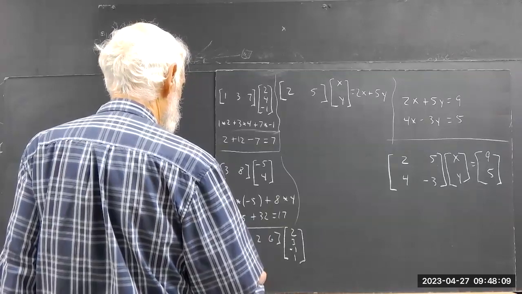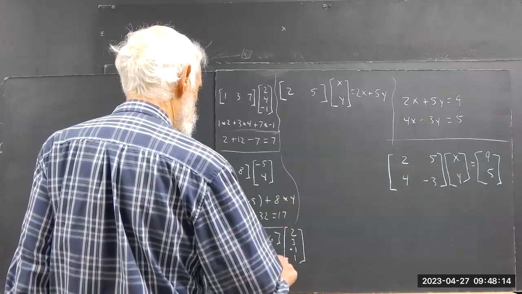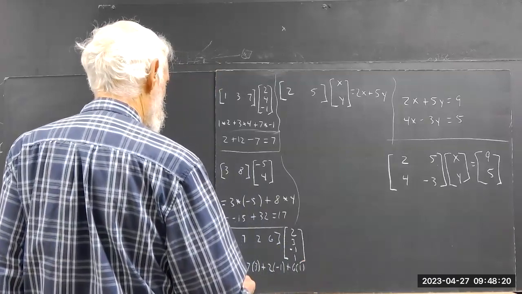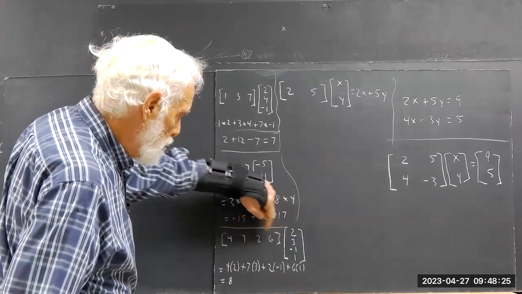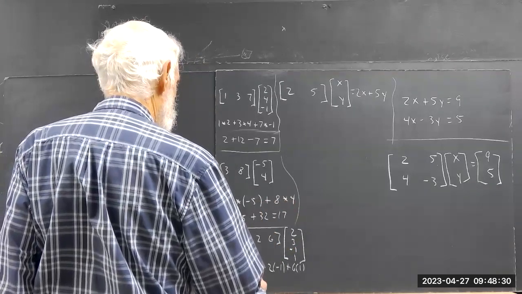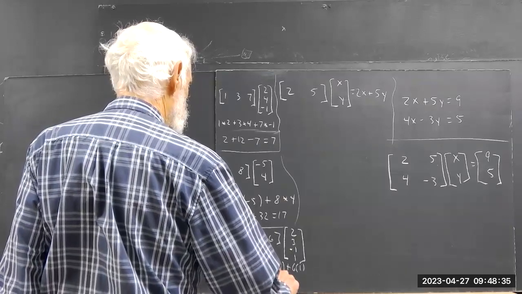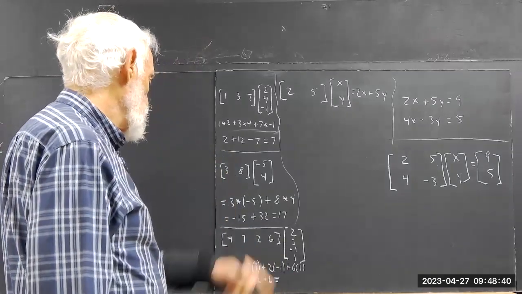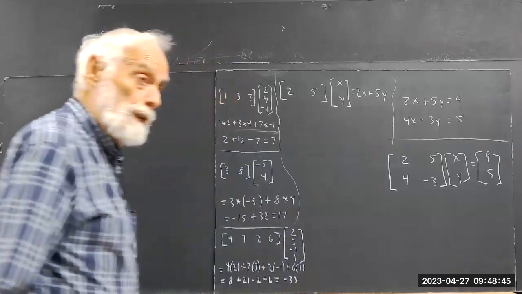I'll use the parentheses here for the multiplications. So 4 times 2 plus 7 times 3 plus 2 times -1 plus 6 times 1. That's 8 plus 21 minus 2 plus 6. And we add those up, we get 29, 35 minus 2 is 33, if I added it correctly. Check.